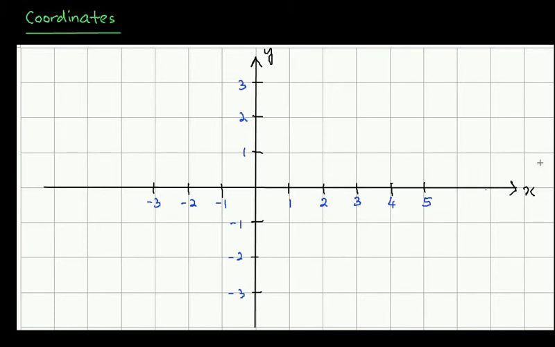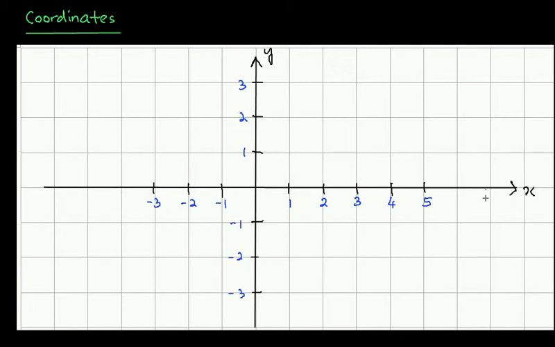In this video, I will talk about the coordinate. Before we start to learn how to state the coordinate for a point, let's go to the Cartesian plane first. We have a Cartesian plane here. A Cartesian plane consists of two axes, which are the y-axis and the x-axis.